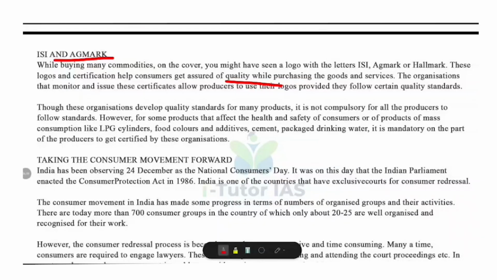Not all products are required to follow these standards, but for items that affect health and safety or are mass consumed, like LPG gas, food colors and additives, cement, packaged drinking water, etc., certification is mandatory. This ensures that consumers can trust these products.